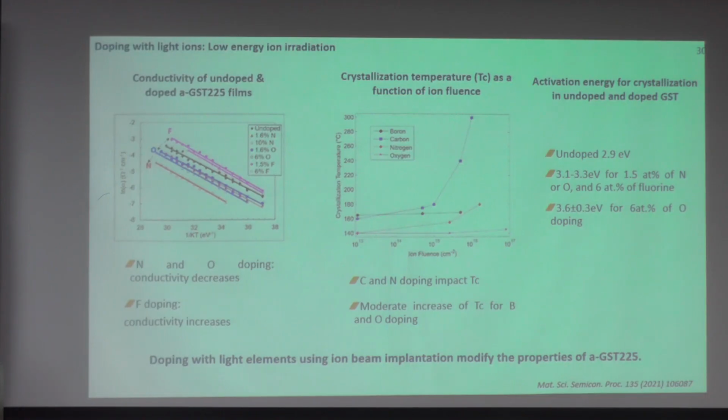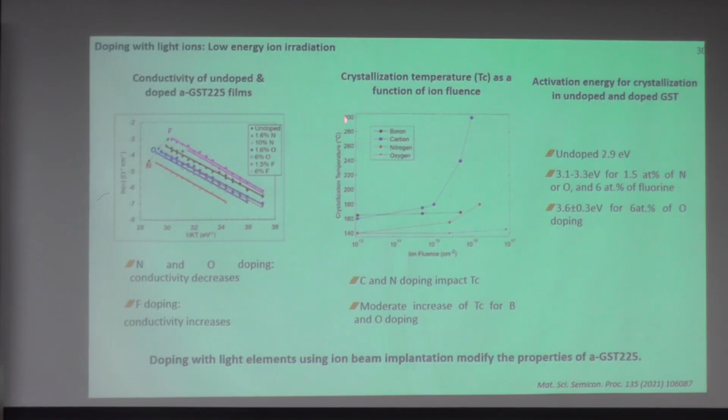Also interesting is that ion implantation causes a change of the crystallization temperature of GST material. Here we can see that carbon and nitrogen can increase the crystallization temperature of GST.